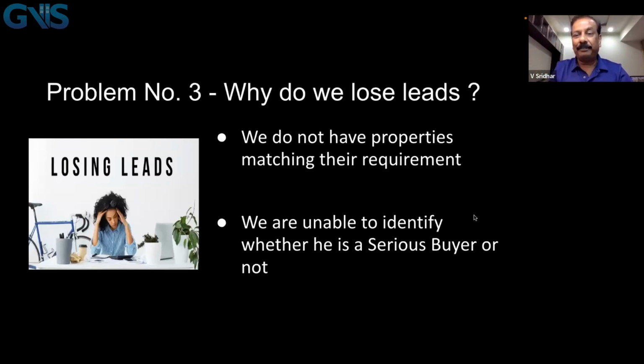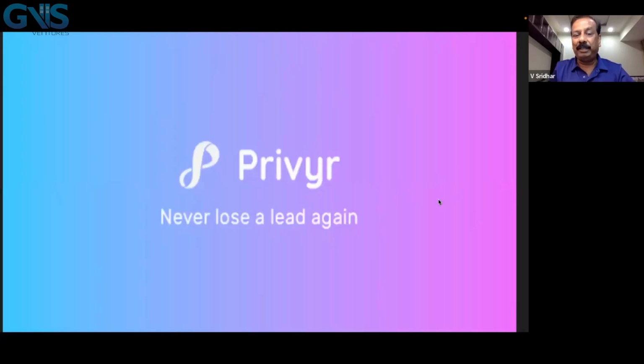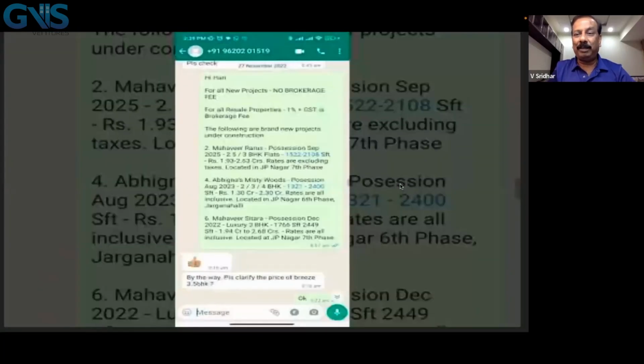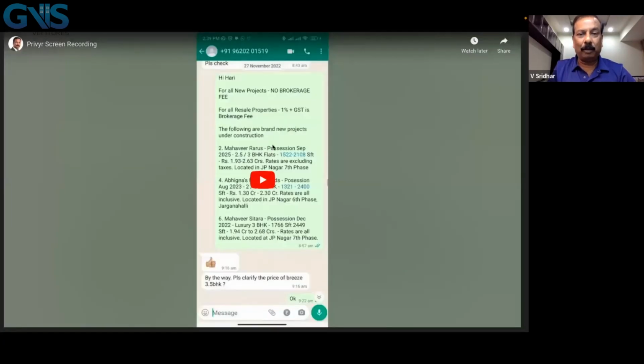Now that is why this tool is important. Previer. Never lose a lead again. Now what is the power of this Previer tool? How many of you know about this Previer? Okay, a lot of people know about this. Good.